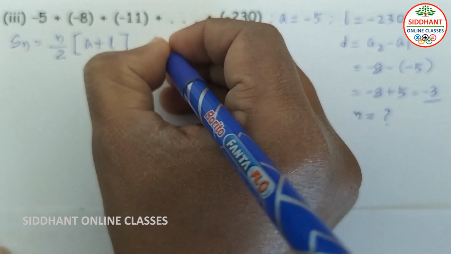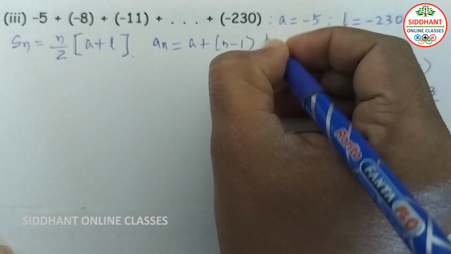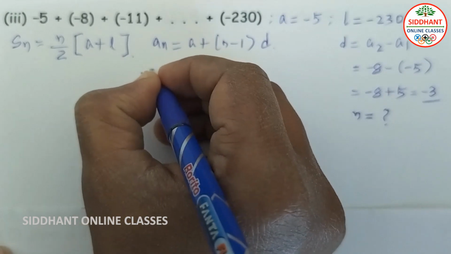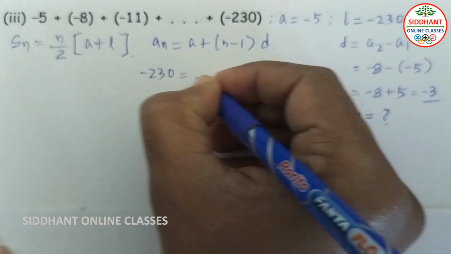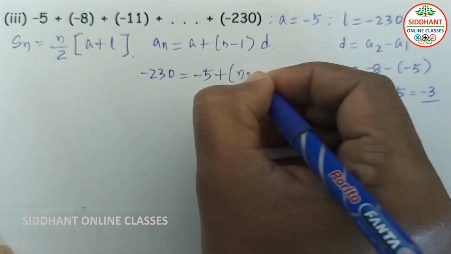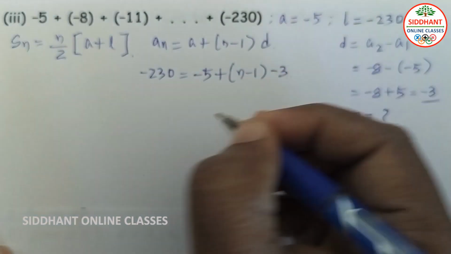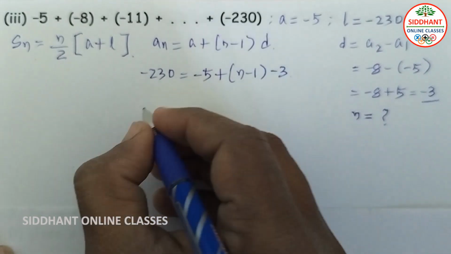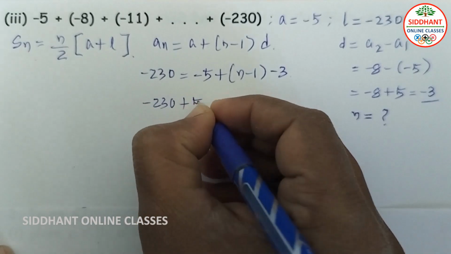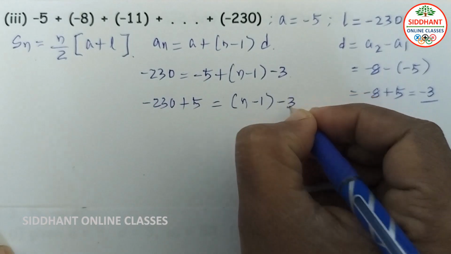So now An equals a plus n minus 1 d here, which is the last number given, that is minus 230, that equals a, first number minus 5, plus n minus 1 d, common difference, which is minus 3 here. So minus 5 goes here, that means minus 230 plus 5 here, that equals n minus 1 into minus 3 here.